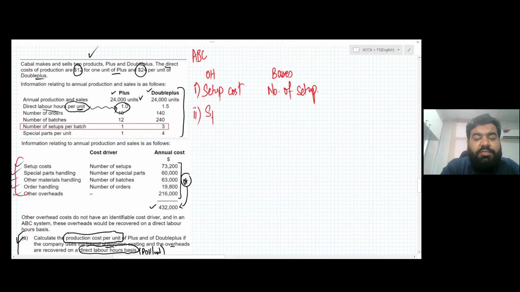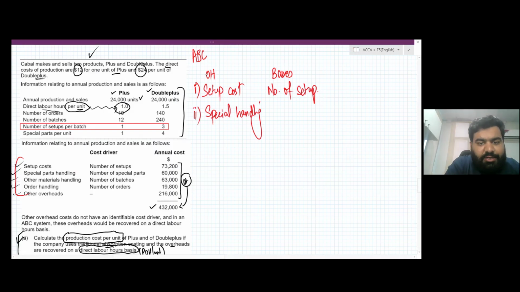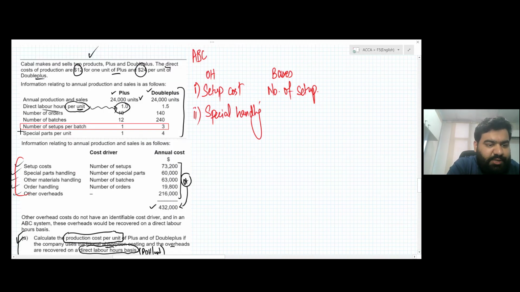Second overhead, special parts handling. For that, the base is special parts per unit. You can easily see that it's written here, special parts per unit. So we'll write here special parts.